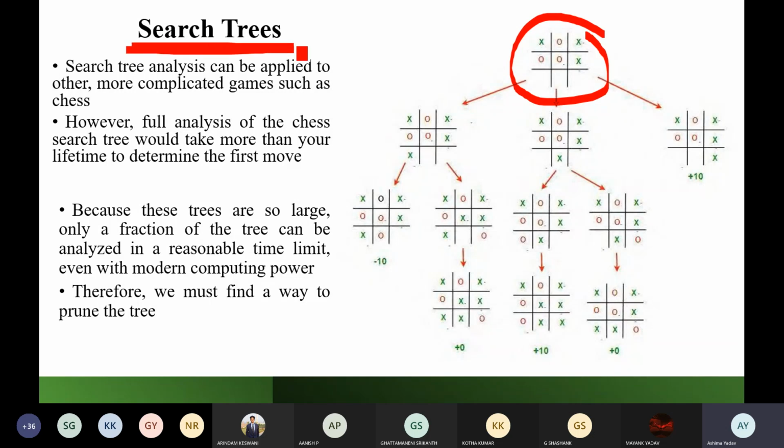So searching could be anything. We can use the BFS, breadth first search, depth first search. So these are the informed searches. Informed searches means you already have some information. So if you go from one node to another node in, let's say, a depth first search or a breadth first search, you already have some information maybe on the node, here, the distance or any such thing which is there.